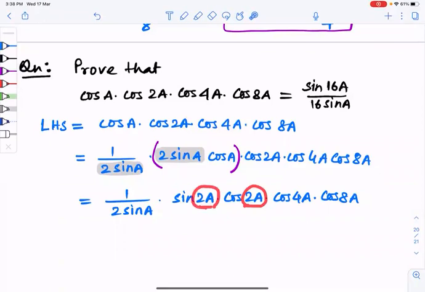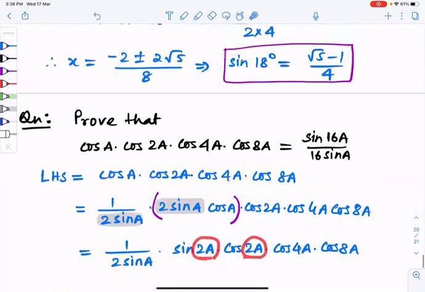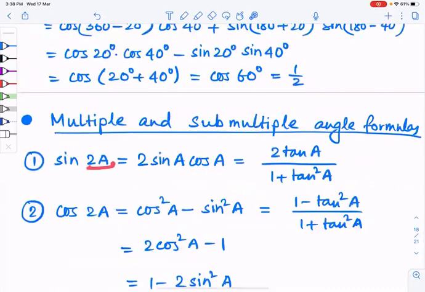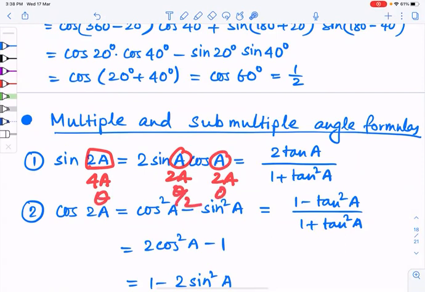We will go to that formula once more. 2 sine A cos A. Instead of 2A, if I write 4A, then the right side angle will become 2A. Whatever I take, it will become half of it. If I take theta, it will become theta by 2. Or from right side to left side, the angle becomes double.